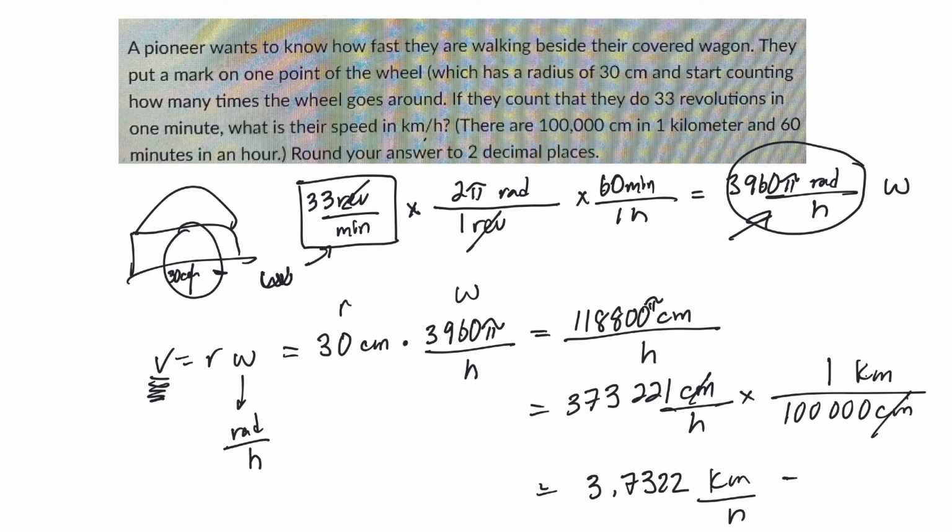They want it rounded to 2 decimal places, so we'll call it 3.73 kilometers an hour. I was thinking initially that they were going blazing fast, but 3.73 kilometers an hour is probably typical of a covered wagon. Okay, hopefully that helps you with those two questions.